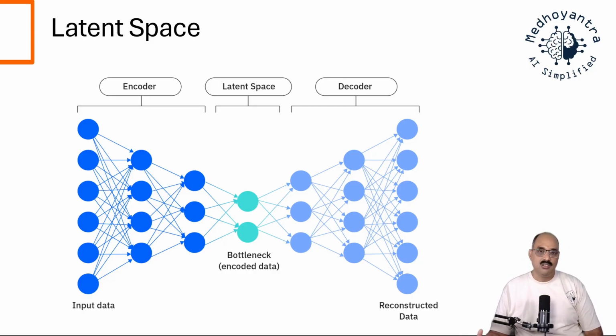There is a network which takes your image and passes it through several layers with hidden layers and several neurons. Then all that comes and sits in a small latent space, which contains a highly representational feature perspective of your image. That is called latent space.